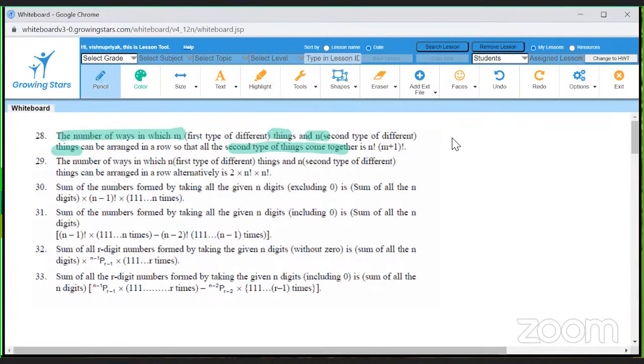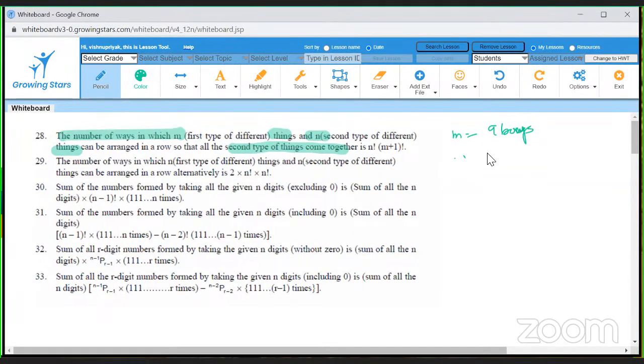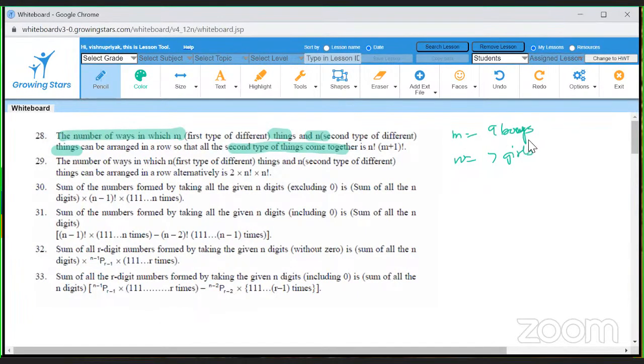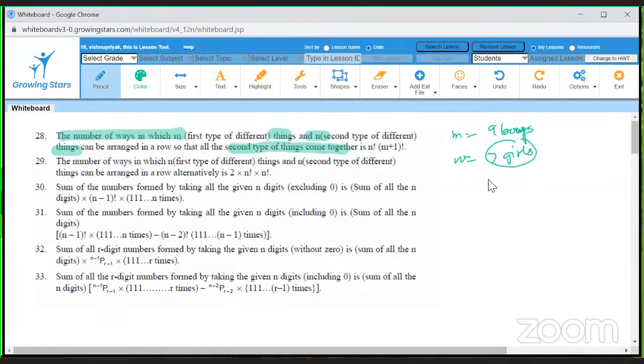First m, I will take 9 boys. Then n, I will take 7 girls. Total 9 plus 7, 16 students are there. You have to arrange them, but second type of things come together. That means 7 girls should sit together.